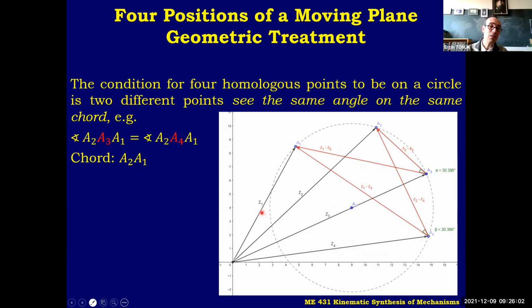So what I'll do is Z sub I is the location of the point with respect to a suitable origin that you select.